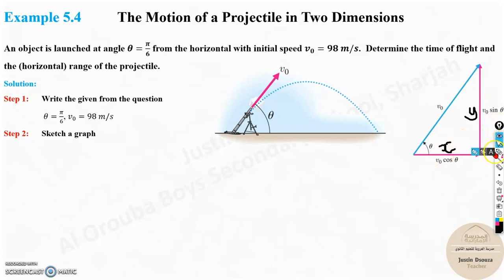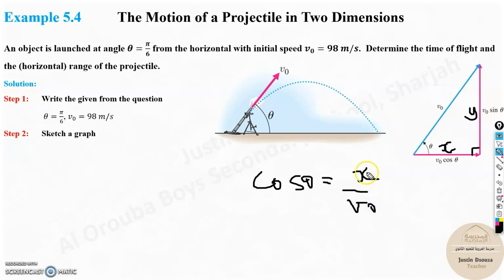Sorry, I asked the wrong question. What is cos theta over here? That is a better question now. Cos theta. Okay, this is the angle theta. This is 90 degrees, isn't it? Cos theta will be adjacent over hypotenuse. So, what is adjacent? X over v naught.